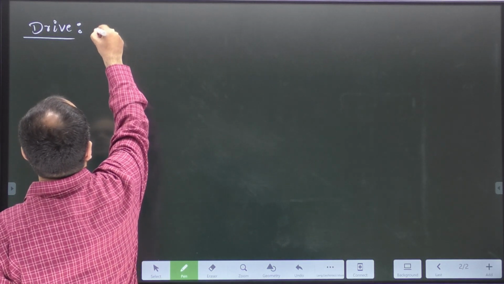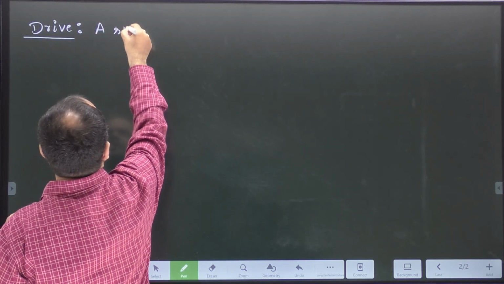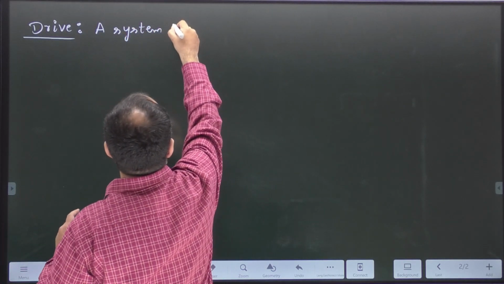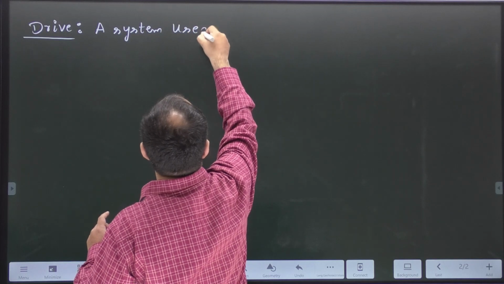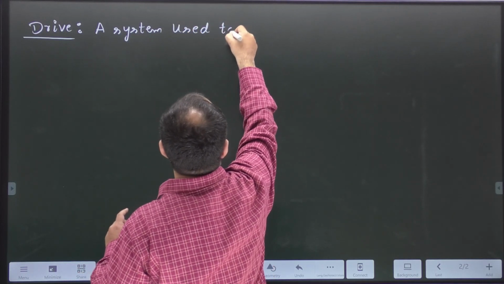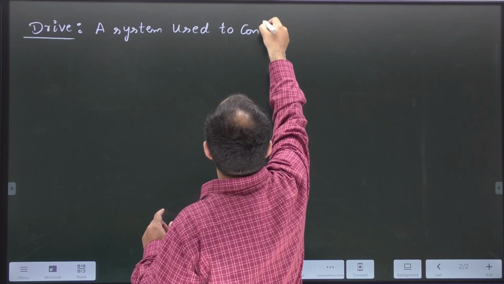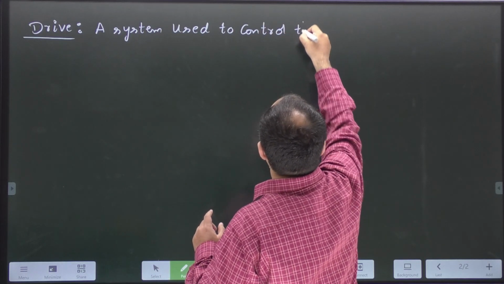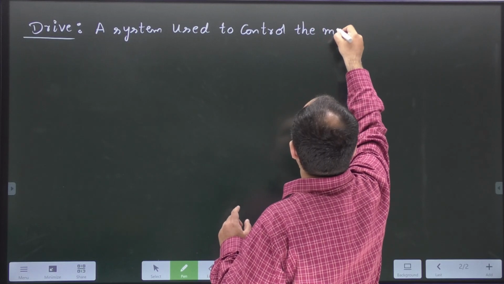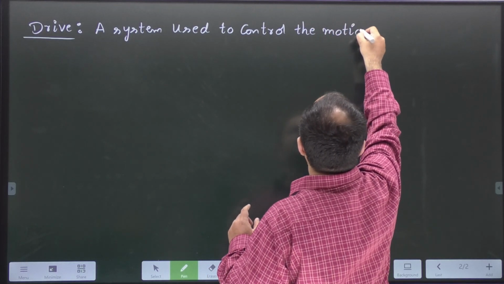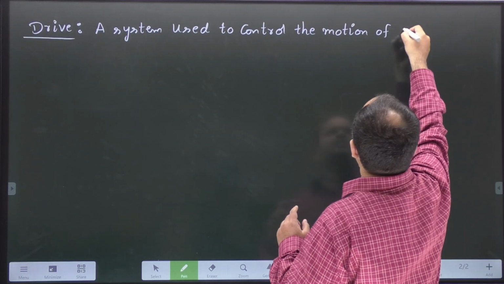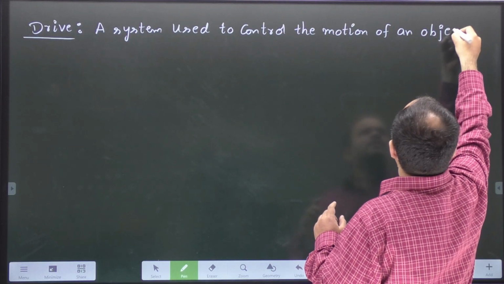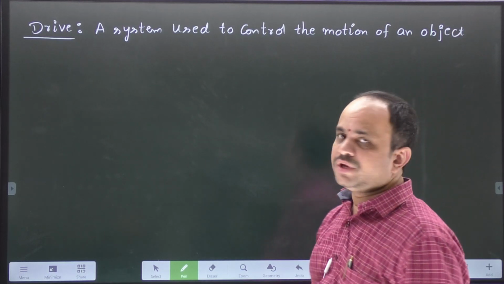Basically, a drive is a system used to control the motion of an object. The motion of an object.